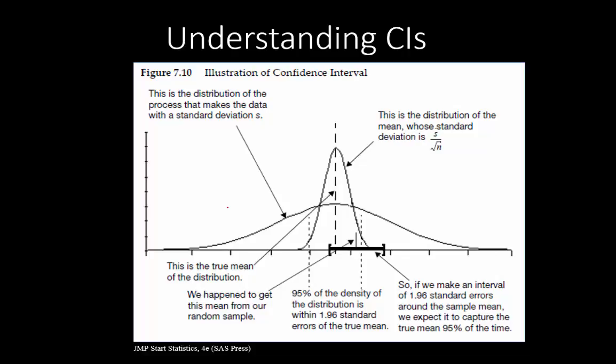But we know that that's not exactly the true answer, and so we need a way of understanding the uncertainty associated with our statistics. In this case, with the mean. And so this is showing some population of data, and from that population of data, we've constructed a mean and a standard deviation.